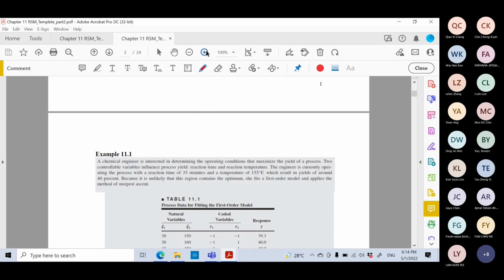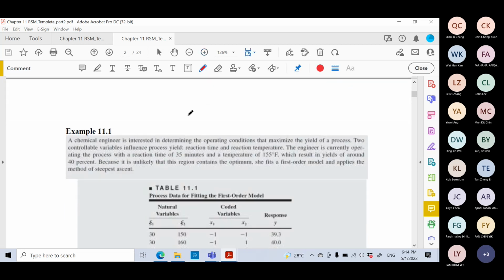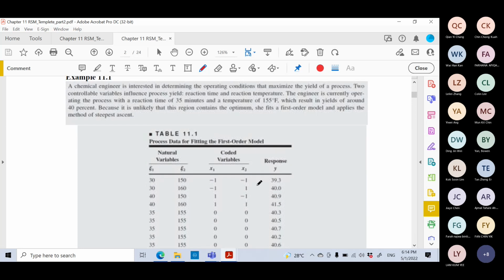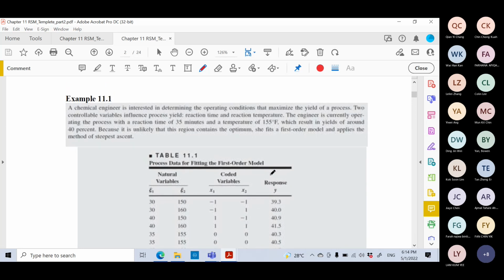The technique is very simple. Let's go through the following example, which you have also seen before under ANOVA. A chemical engineer is interested in determining the operating conditions that maximize the yield of the process. So in this case, we are looking to maximize the yield.